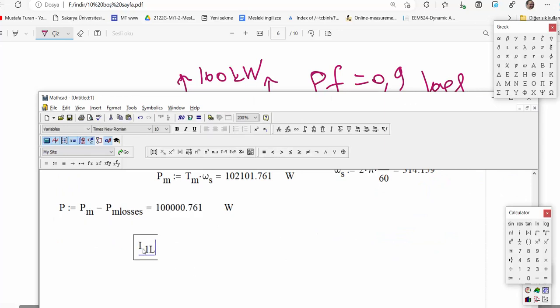Line current is equal to the electric power delivered to the terminals over square root of 3 times line-to-line voltage and power factor. The power factor is not known, but it is already given.